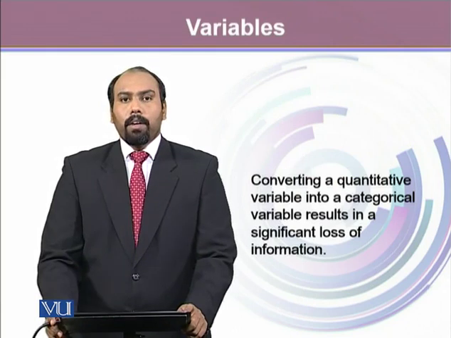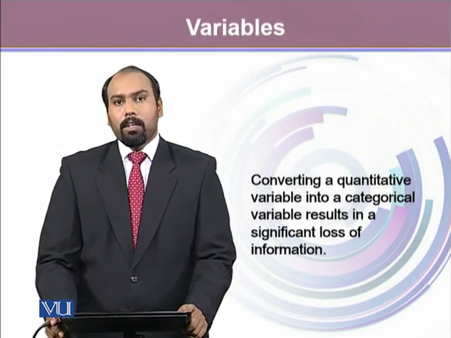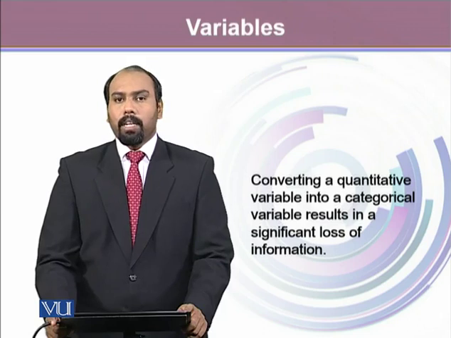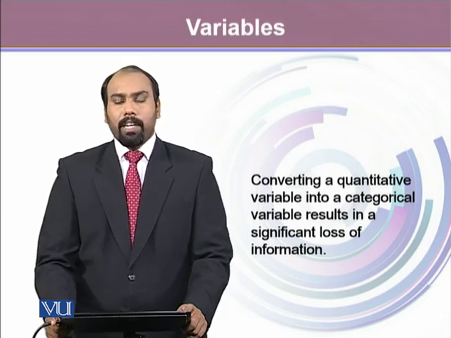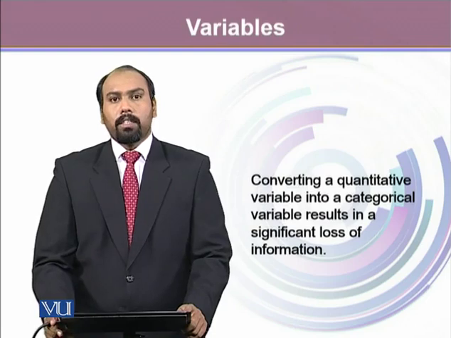Therefore, it's always recommended that if a variable is inherently quantitative, it should be measured as quantitative, because we can always convert it into a qualitative variable, but it's not always possible to convert a qualitative variable back to its original quantitative context.